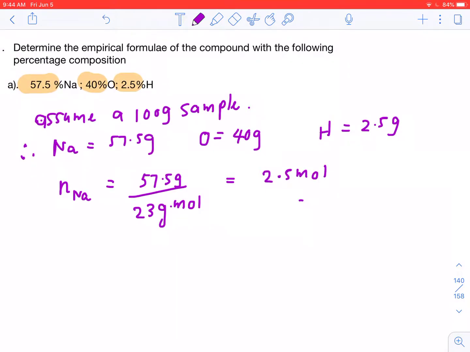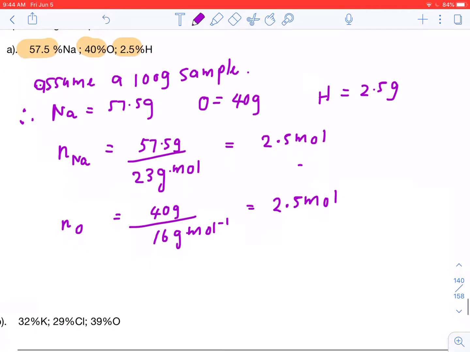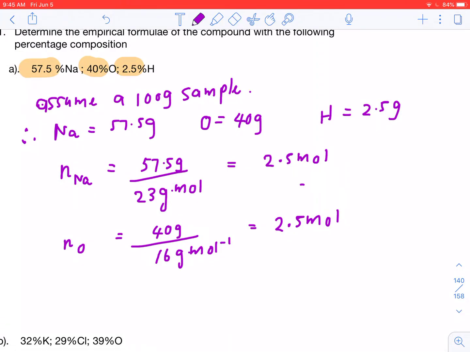Look at the next one, n of oxygen, which is 40 grams. And oxygen we know is 16 grams per mole. And what does that give us? It also gives us 2.5 moles. Okay. And then we say n of hydrogen.